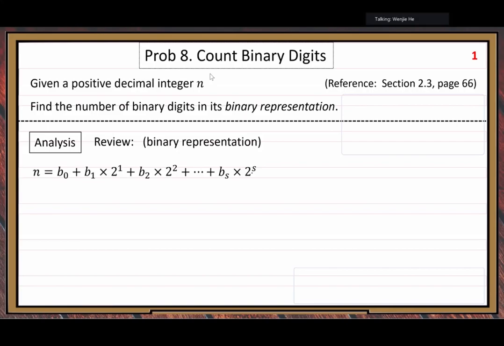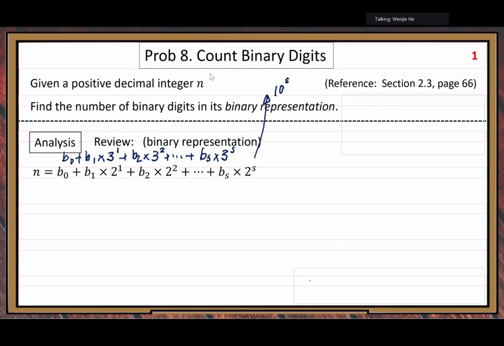If we change to ternary system, B0 plus B1 times base 3 to the first, base 3 squared, and so on. So the structure is like this. Because in our decimal system, we just change the base to 10, right? So that's the decimal system.